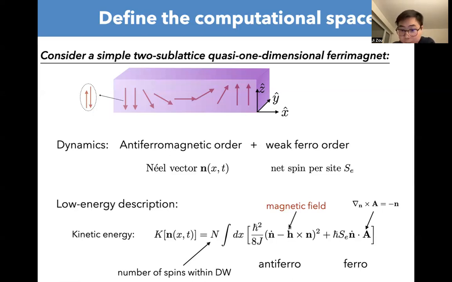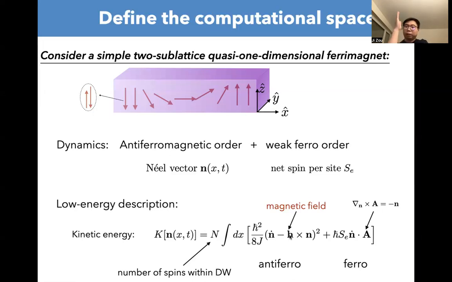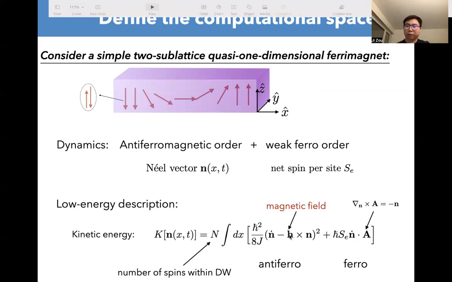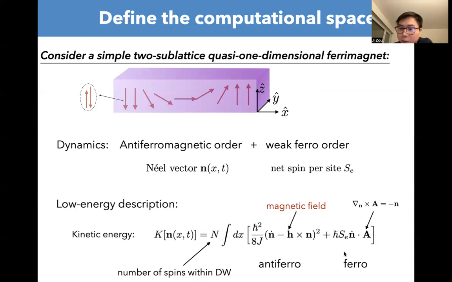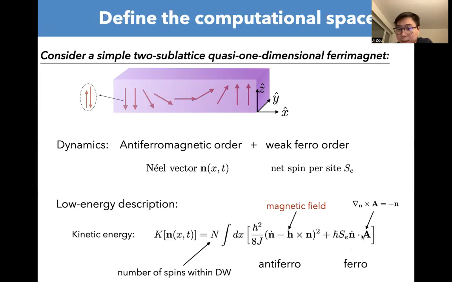And the last term, which is basically H cross n squared, is the easy plane anisotropy due to the applied magnetic field. Namely, when we apply a magnetic field, this Néel order would like to be perpendicular to this applied magnetic field. And again, we have the part for the ferromagnet. This is just the standard Berry phase term, right? And this capital A is the spin connection defined in the standard way, with the prefactor proportional to the net spin density, S_E.